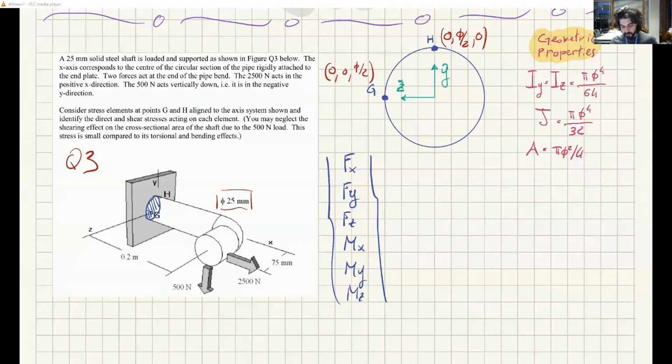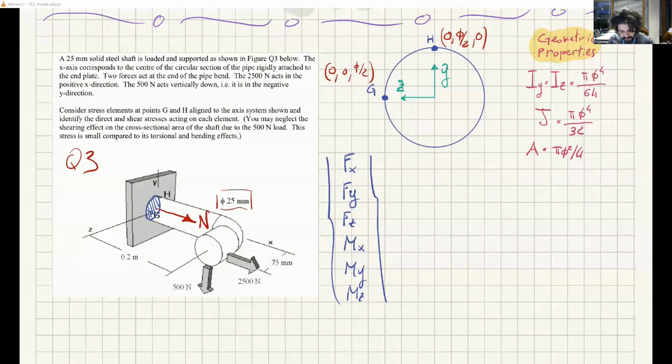First of all, observe that on a certain section, we can at most have 6 loads, so 6 internal forces and moments. Every time you cut something, there is a direction that is perpendicular to the cut, and in that direction will always be the normal force.